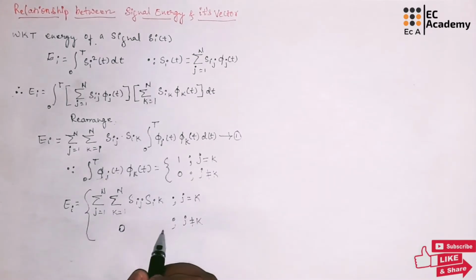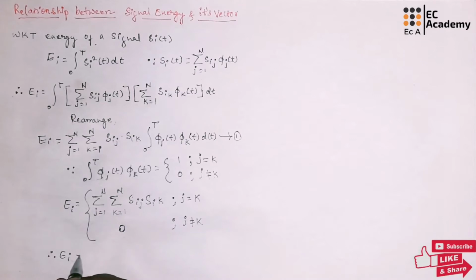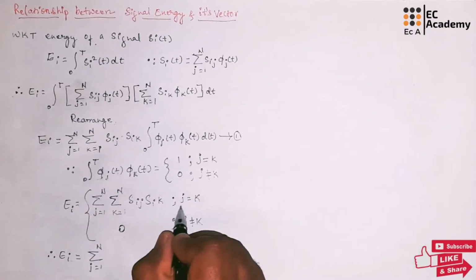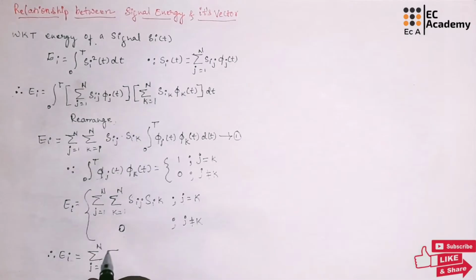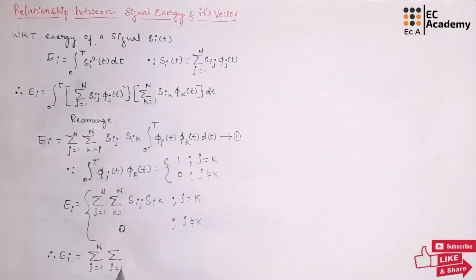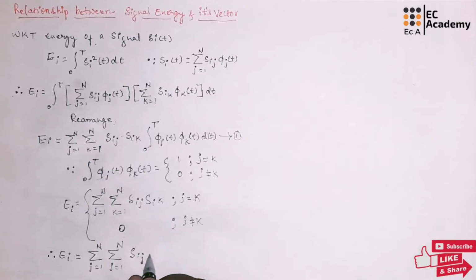So from this analysis we can write energy of the signal Ei is equal to summation j is equal to 1 to n. Since j is equal to k, in place of k we can write it as j. So we can write summation of j is equal to 1 to n Sij into Sij.